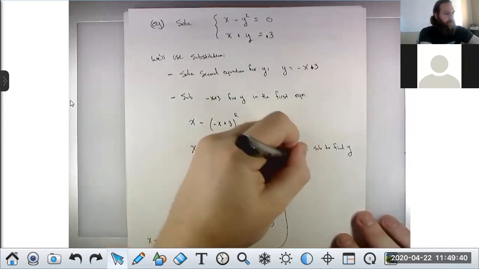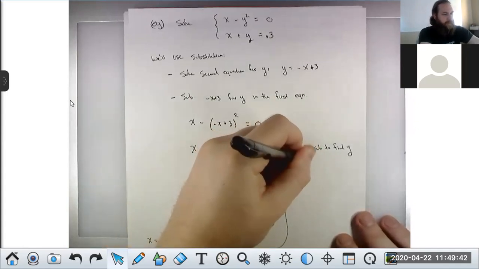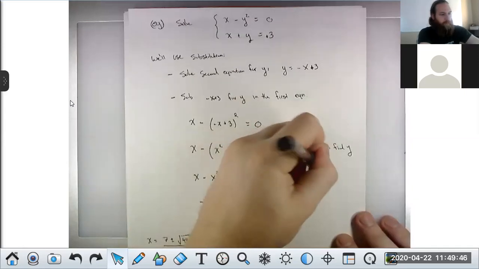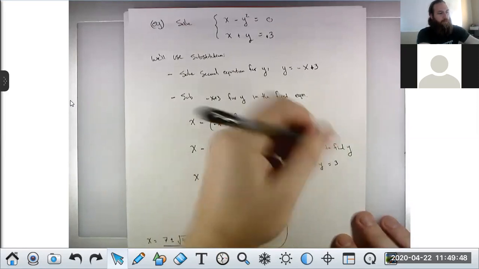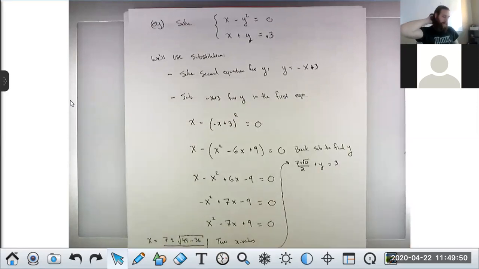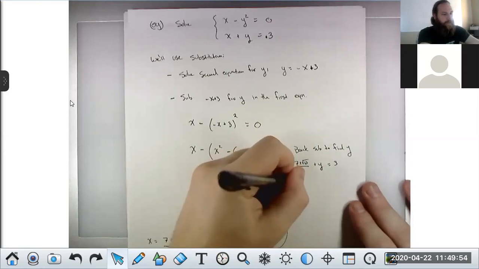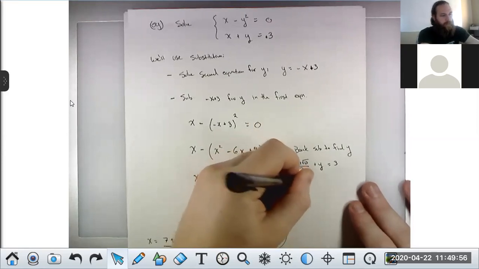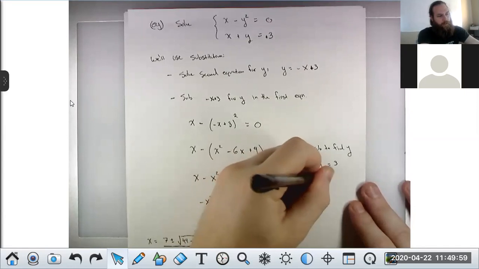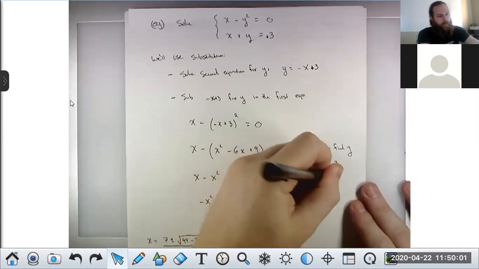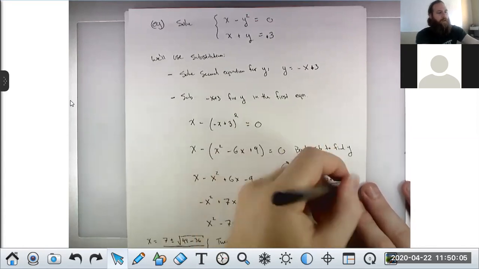I'll back sub into the simpler equation, the linear equation. So I'll have (7 plus the square root of 13) over 2 plus y equals 3. Then you can solve this by subtracting that quantity over there. That's the same as saying y equals 3 minus (7 plus the square root of 13) over 2. And we can actually clean this up.